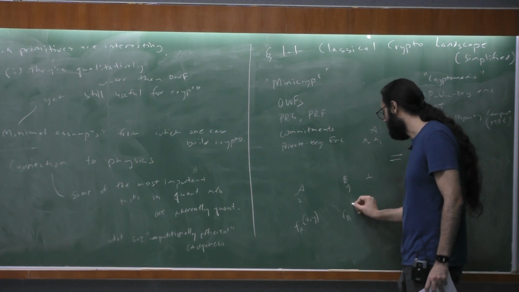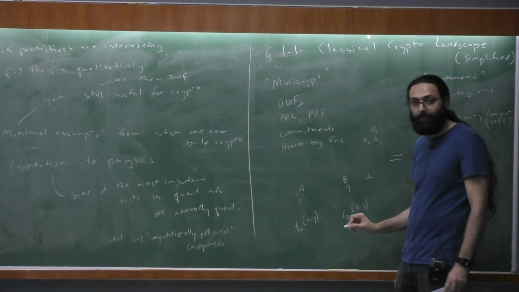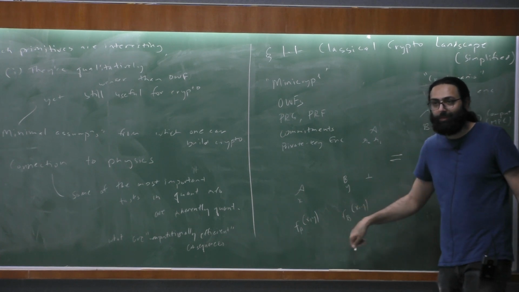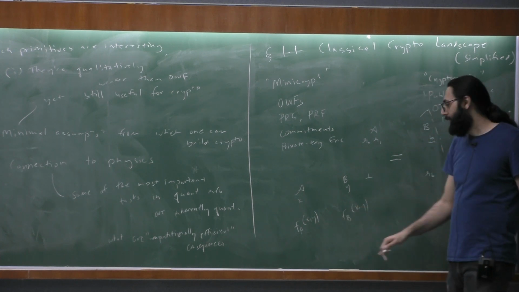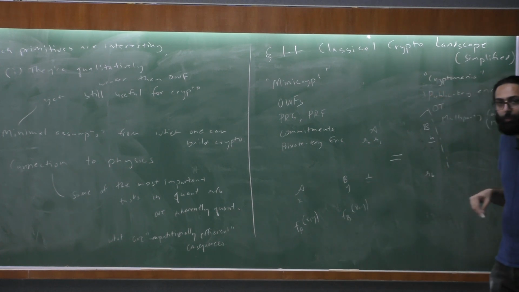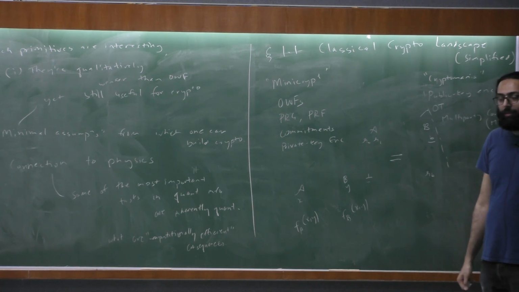Bob wants to compute some function f_B that also depends on x, y, but they should not learn anything more than what they could learn from the output of the function. So in particular, it could be that f_A just outputs perp, and f_B outputs R_B, and you don't want them to learn anything beyond the function.